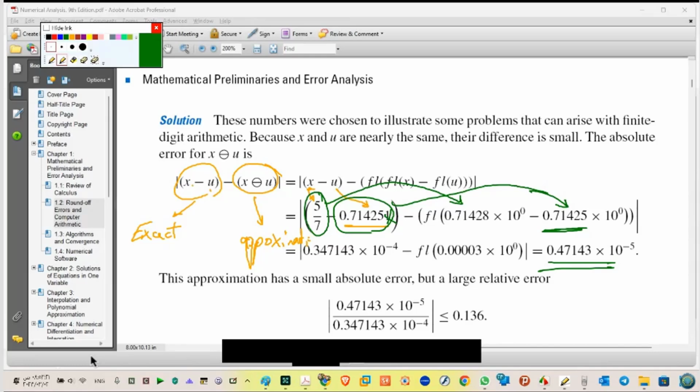These errors must be as small as possible. So we studied also how we can write the number. First of all, write my number in normalized decimal form. I explained this one. Second thing, I also studied the chopping method and the rounding method. Third thing, we make the operation.